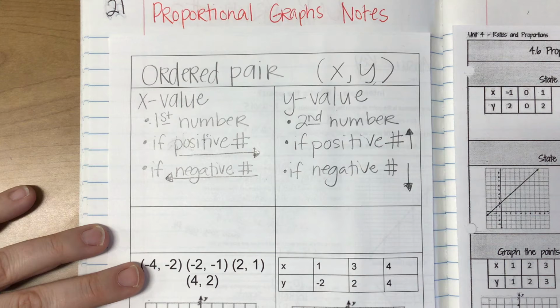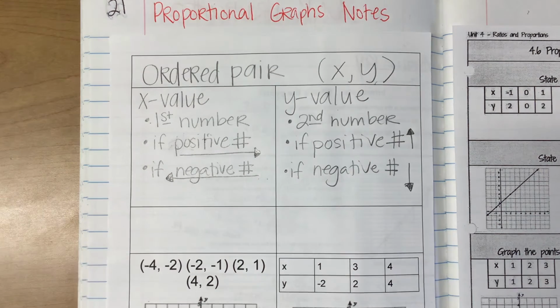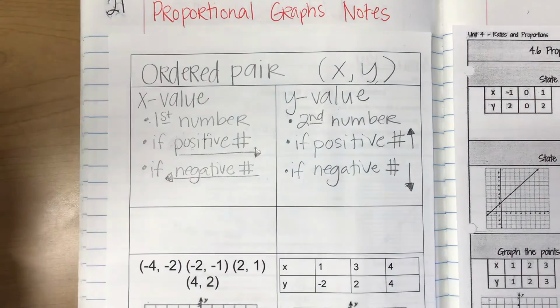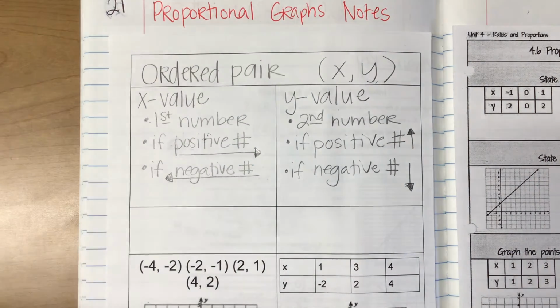So that's our review of how to graph an ordered pair. Where do I always start when I graph? Where do I begin, before I even start moving to the left or the right or up or down? 0, right in the middle.